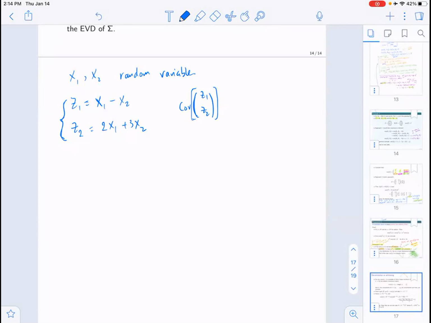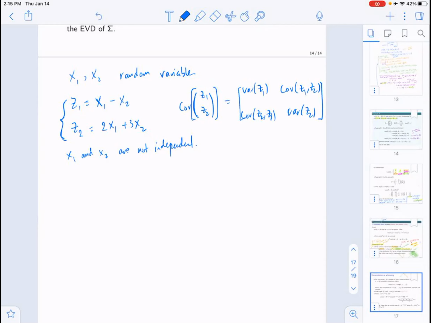Let's say they're not independent. Is that enough? So x1 and x2 are not independent. So this matrix is the covariance of, if you recall what I mentioned, the variance of z1, covariance of z1, z2, covariance of z2, z1, and then the variance of z2.